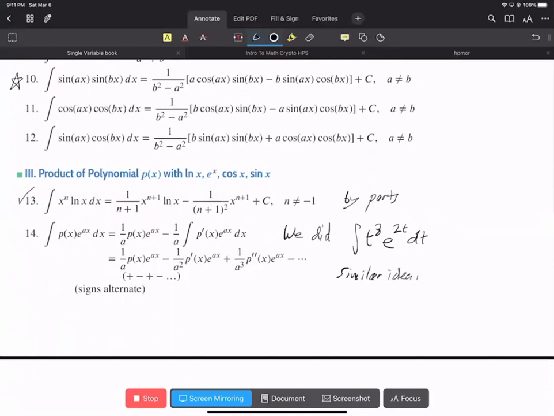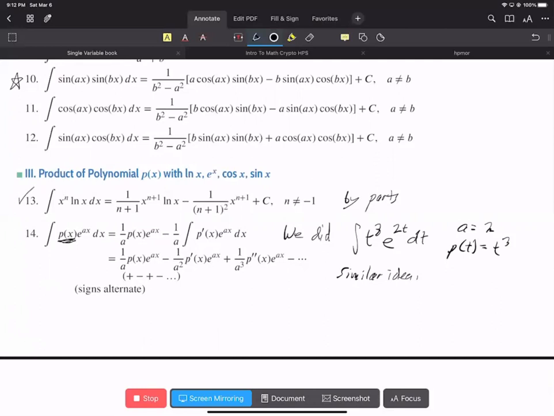So p of x could be anything here. P of x is just any polynomial, so anything with powers. And this formula, you could actually check with a equals 2, and p, a function of t, is t cubed. So you could compare what we did in that example to the answer here and see if you get the same answer.